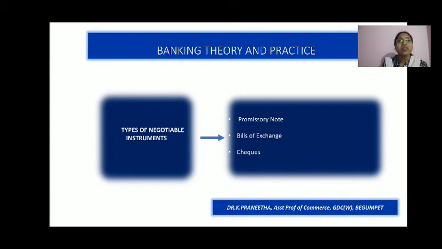Then the third one is definite and unconditional. The promise must be definite and unconditional. That is, the payment should not depend on the happening of some event. For example, a promise to pay is not unconditional if it depends on an event which is certain to happen, or which may not happen.